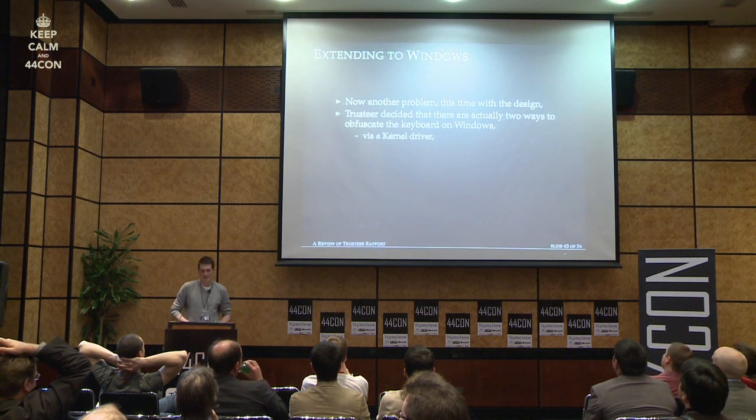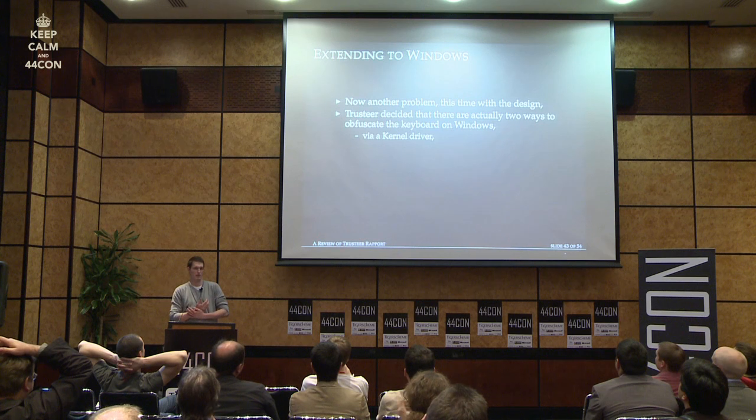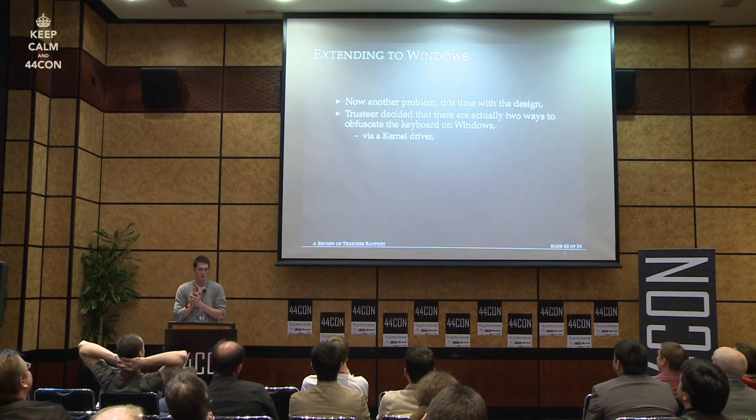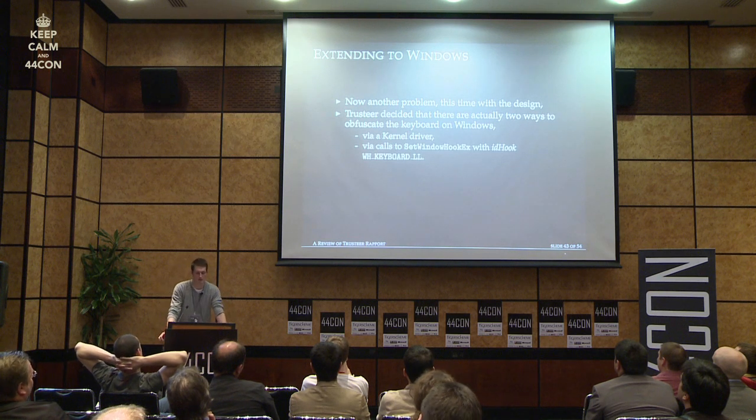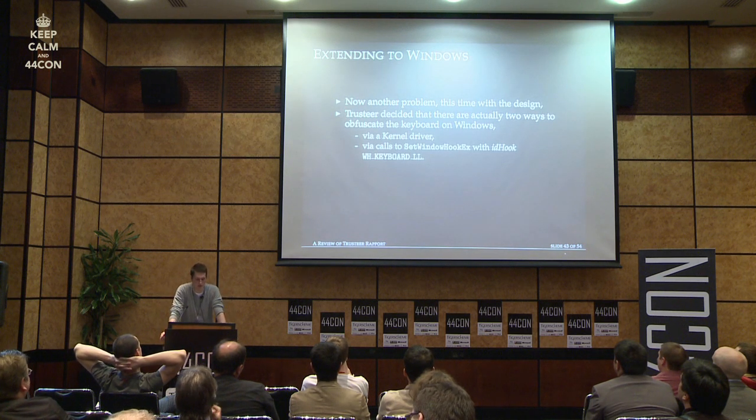Trusteer decided that there are actually two ways to encrypt users' keys on Windows. One is via a kernel driver. The other is via calls to set window hook, with the ID hook being the global keyboard hook.